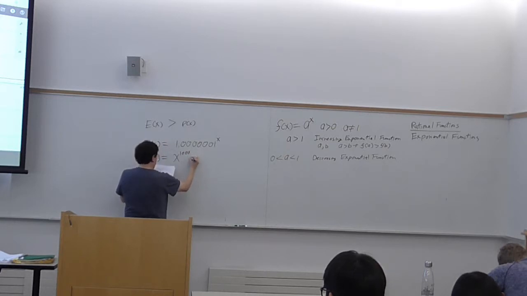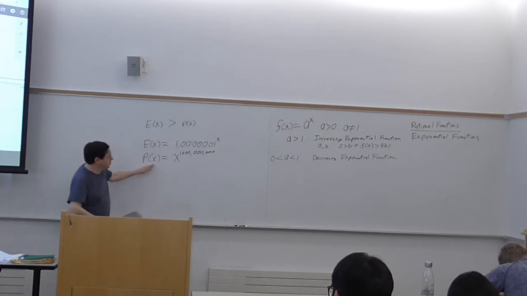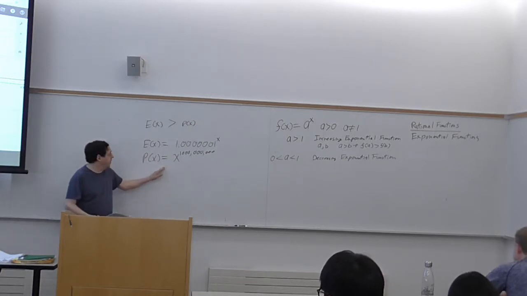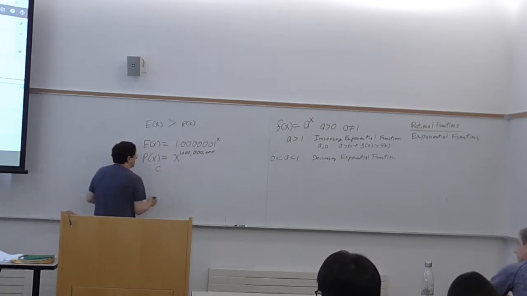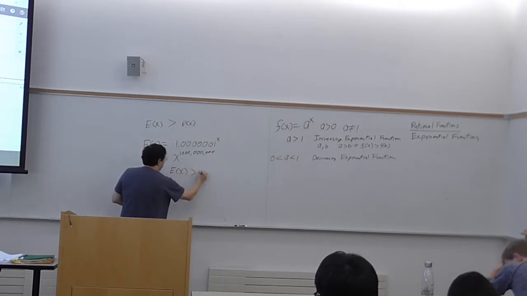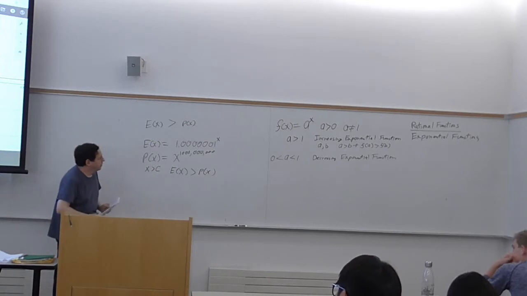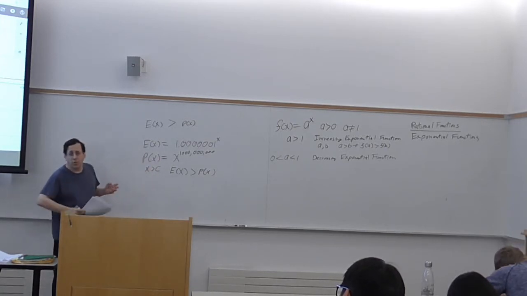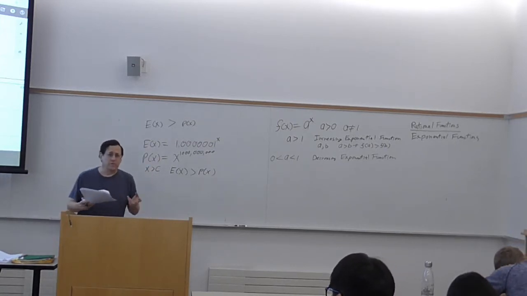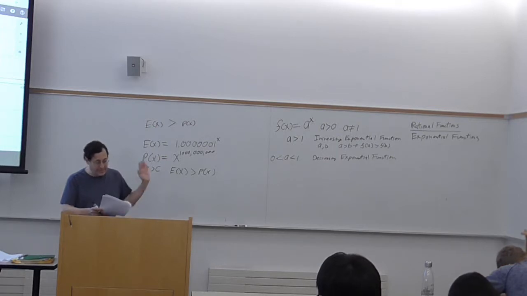How about that? Make it a billion. Eventually, I can tell you, there's some c where if x is greater than c, e of x will be greater than p of x. From then on. So exponential functions are relentless. They're bigger than any polynomial function you can come up with. Or they get there.